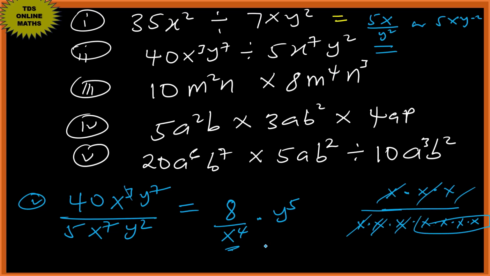That is here. And y squared to this, the same as y to the power 7 divided by y to the power 2. So this one is division. Therefore, we can subtract the power since the bases are equal. So we have 7 minus 2, that is 5. So we can say x to the negative 4 y to the power 5.